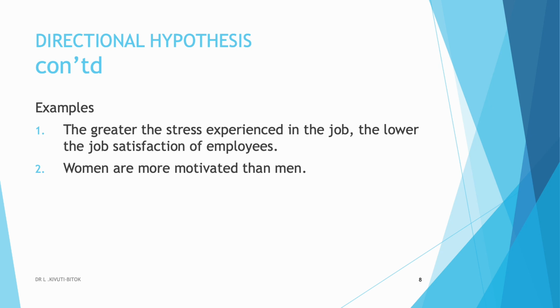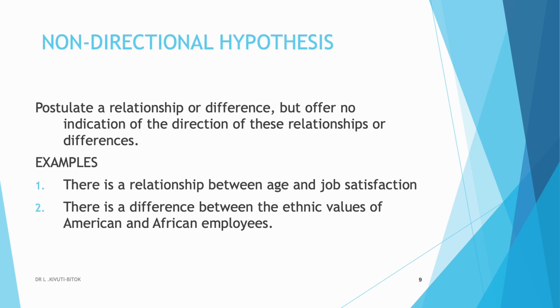So we can actually tell the direction between stress and job satisfaction, sex and motivation. The third is the non-directional hypothesis, and this postulates a relationship or difference, but offers no indication of the direction of the relationship or differences. We just know that there is a relationship between age and job satisfaction, or there is a difference between the ethnic values of American and African employees.